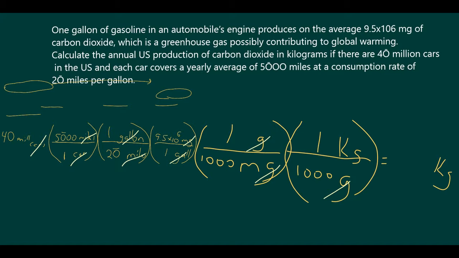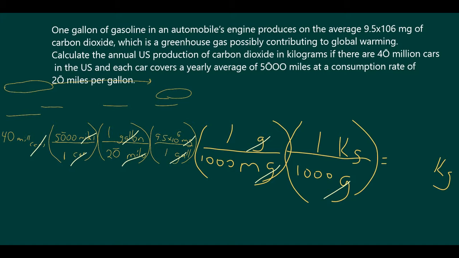And then all of my relationships, double check everything. One car drives 5,000 miles in a year. Yep, that's true. 20 miles in 1 gallon. That's true. 1 gallon is 9.5 times 10 to the 6th milligrams carbon dioxide. 1 gram is 1,000 milligrams. 1 kilogram is equal to 1,000 grams. So everything set up is correct.